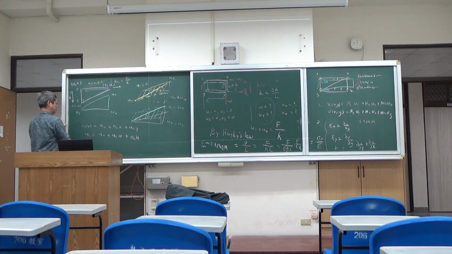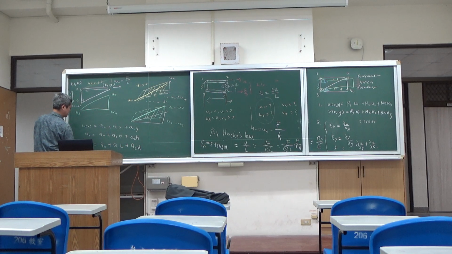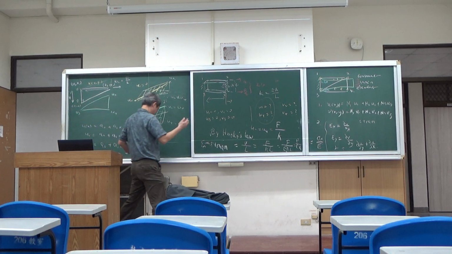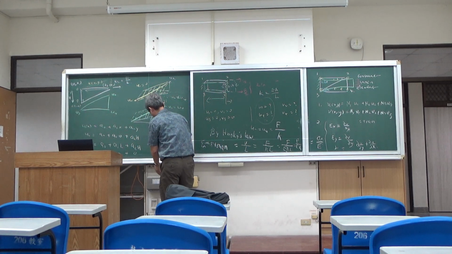Then U2 is A0 plus A1L plus A2H, and U3 is A0 plus 0 plus 0. So with this, we move on to find your shape function.